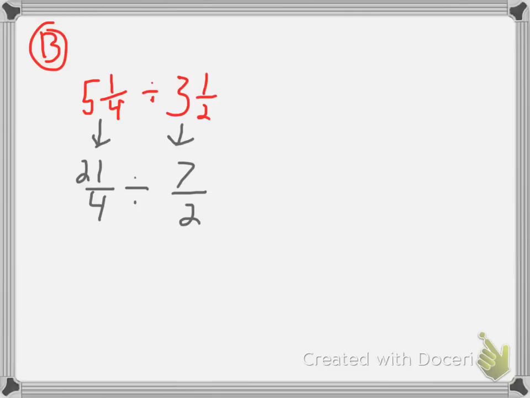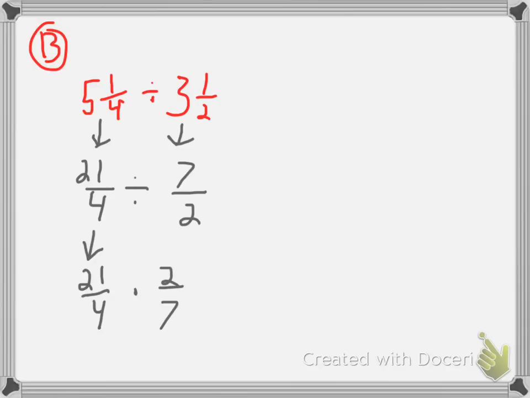Now from here, I need to divide, but instead of dividing, I'm really going to multiply by the reciprocal. So 21/4 is going to stay the same. My division turns to multiplication, and my second fraction turns to the reciprocal, 2/7.